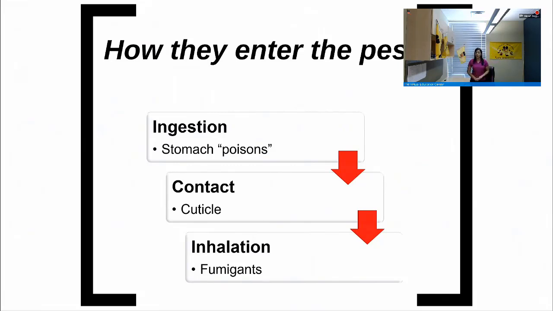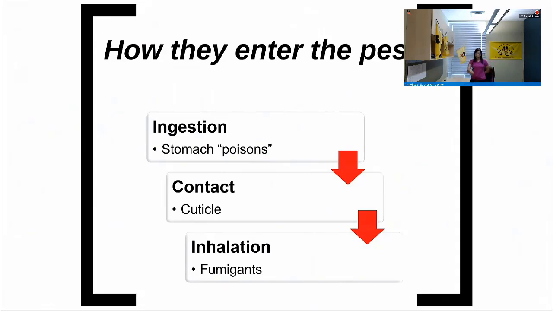Examples: the gel baits for cockroaches, the gel baits for ants, the rodenticide baits for rodents. We also have baits for occasional invaders. I don't like much the terminology of stomach poison, but that's how they act. They generally will act on the midgut or even in the nervous system, but they have to be ingested.